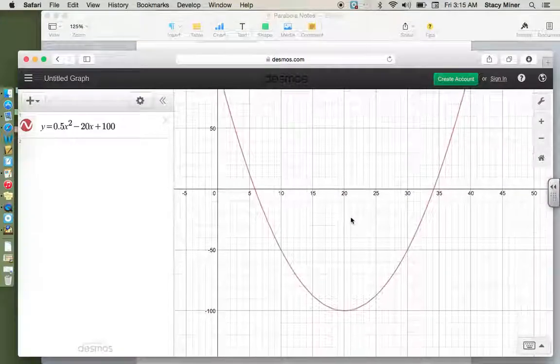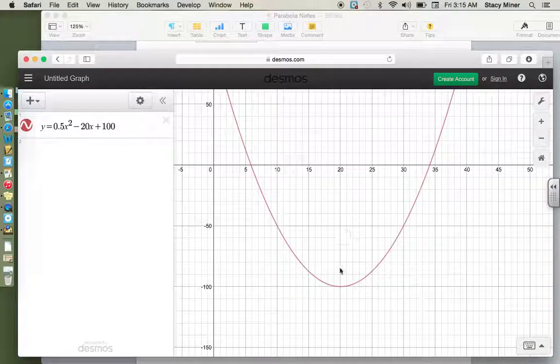So last time we used Desmos, I know there was some discrepancy depending on how zoomed in you got, but if you notice, Desmos will snap to specific points because it knows that the vertex is an important part of a parabola. Okay, so you see that little grayed out dot right there? It's locating the vertex for us. So our vertex is 20, -100.